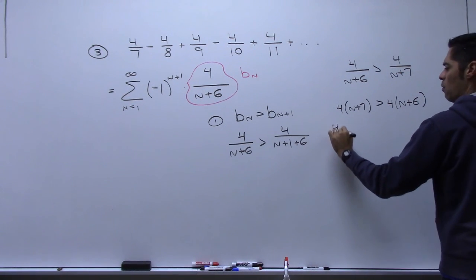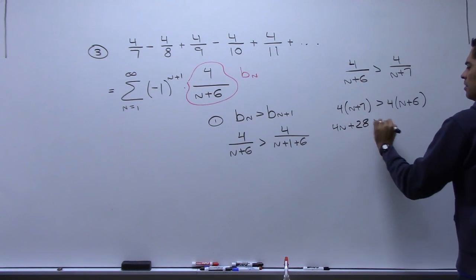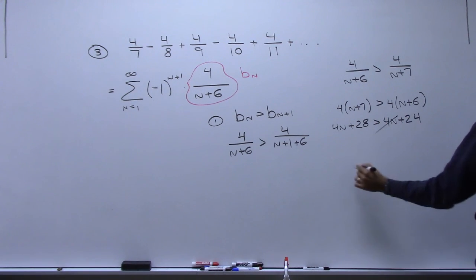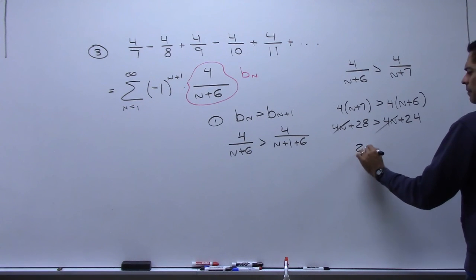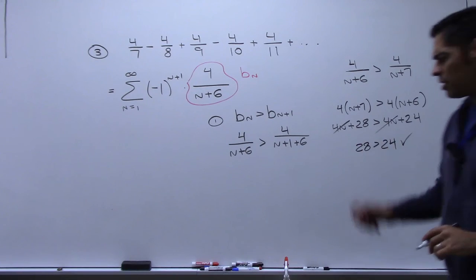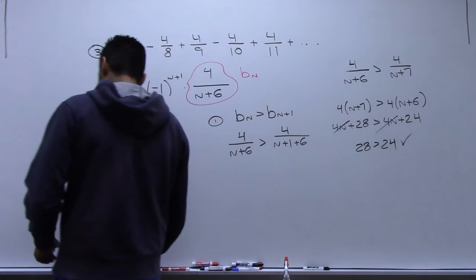And distributing, 4n plus 28 is greater than 4n plus 24. Subtracting 4n on both sides, I get 28 greater than 24. That is true. So I've shown the first condition for the alternating series test.